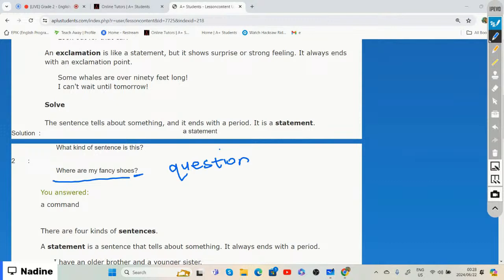The first one is a statement. And then we're going to the last one.